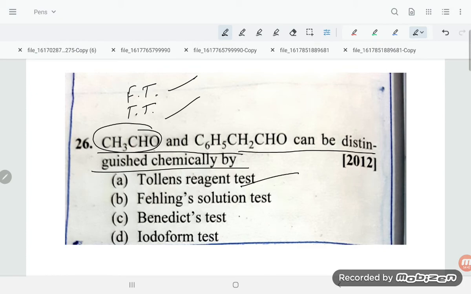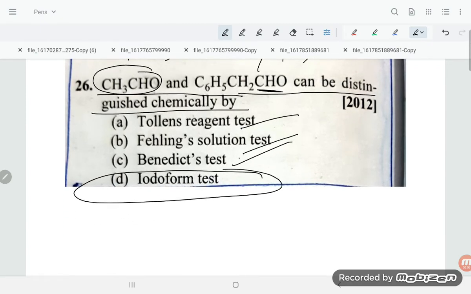Here the CHO group is there, so it will also give Fehling test and Tollens test. All aldehydes give Fehling and Tollens. Benedict test also, both will give.